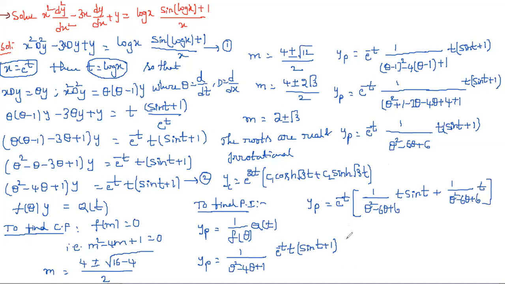So that is nothing but yp is equal to e power minus t into. So this one you can read as yp1, and this you can treat as yp2, and let it be taken as equation 3. Now you calculate yp1 as well as yp2.